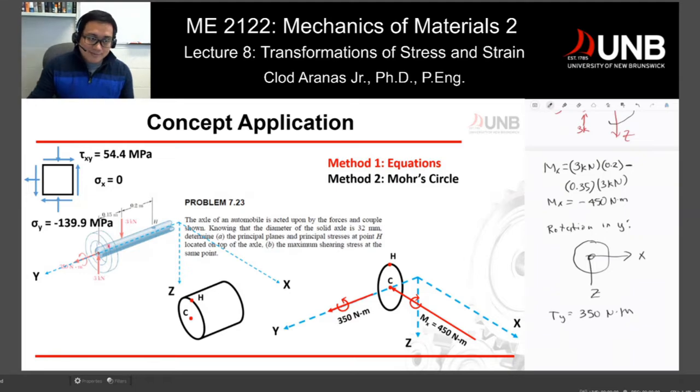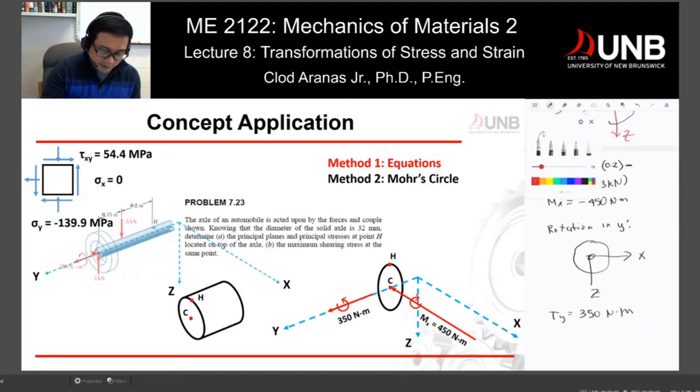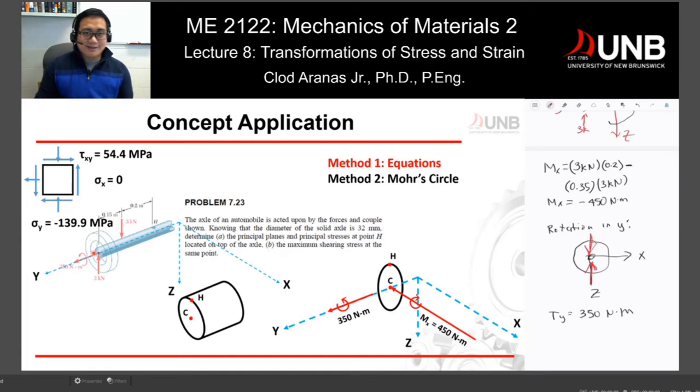If you are looking at these 3 kilonewton forces, they are situated like this, which means they are acting perfectly at the center of your cross section. It will not produce a moment or a rotation along your y-axis, which means that there's no rotation in y except for this given torque, which is 350 Newton meter.